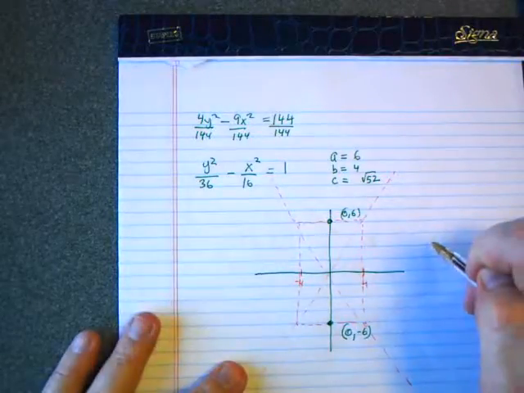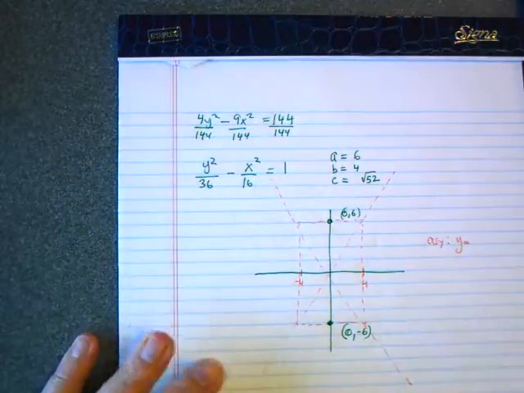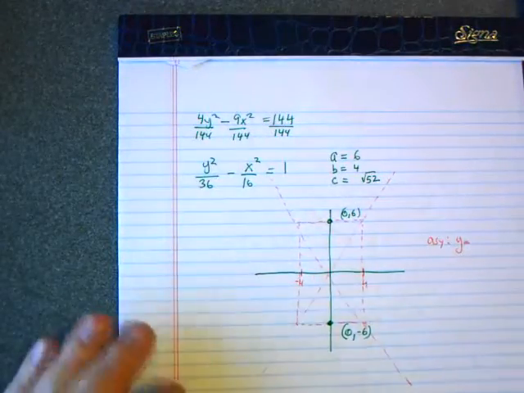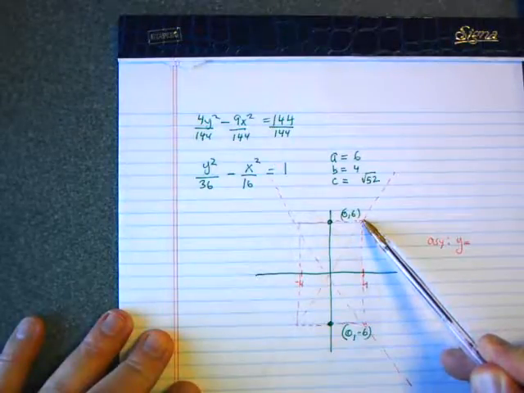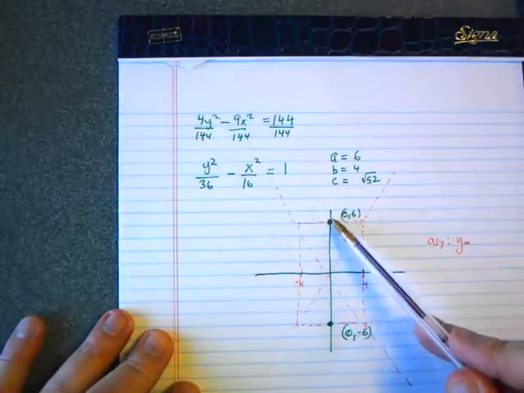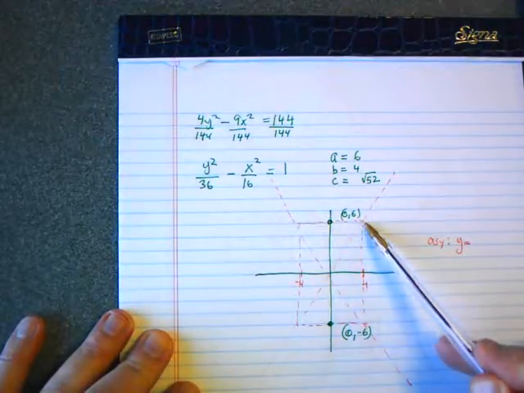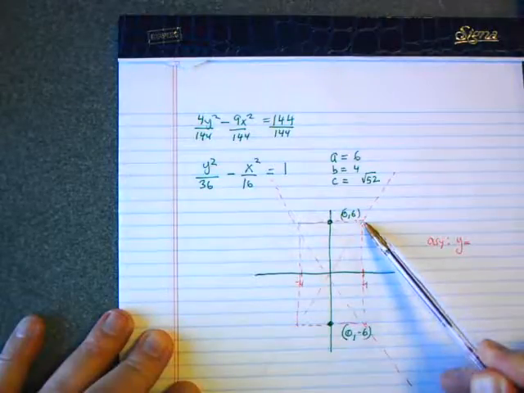So what are those equations? Y equals, well, really the only thing we need to know is the slope. What's the slope? The rise is 6 and the run is 4. So the slope is 6/4, which I would write as 3/2.